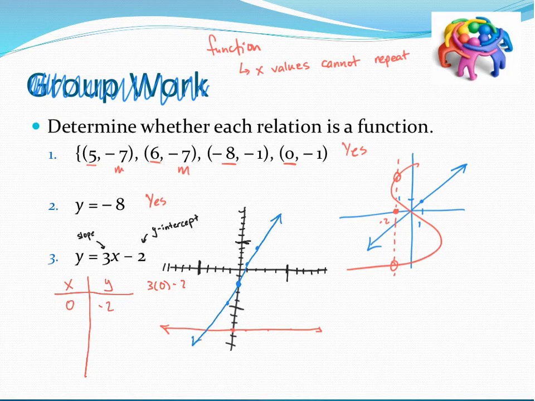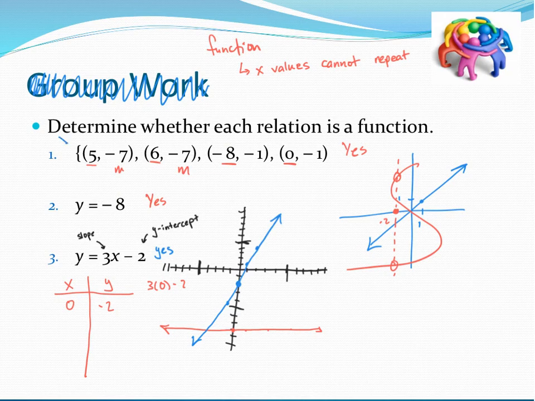Here is our graph. And again, you can do the vertical line test, after which you know that yes, it is a function because it passes the vertical line test. Or you could do the table and just plug and chug values. So, 3 different ways of figuring out whether it's a function.